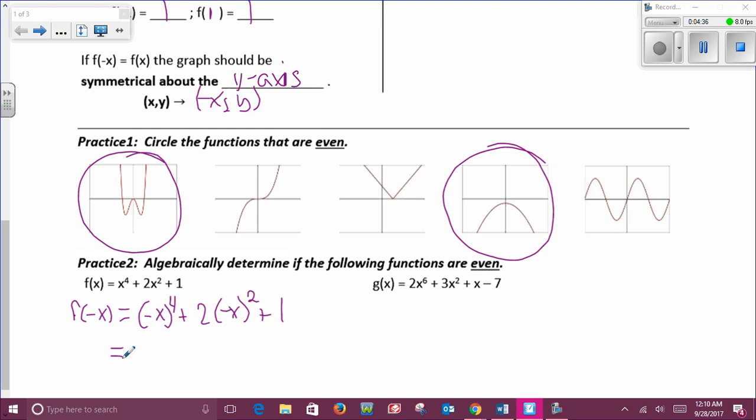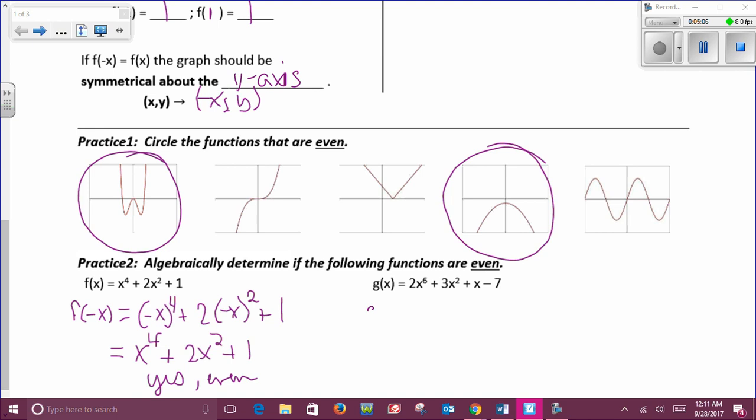So negative x to the fourth becomes positive x to the fourth, because negative 1 times negative 1 times negative 1 times negative 1 is positive 1, plus negative x squared is just x squared, so 2x squared, plus 1. This is exactly the same as when I started, so yes, this is even.